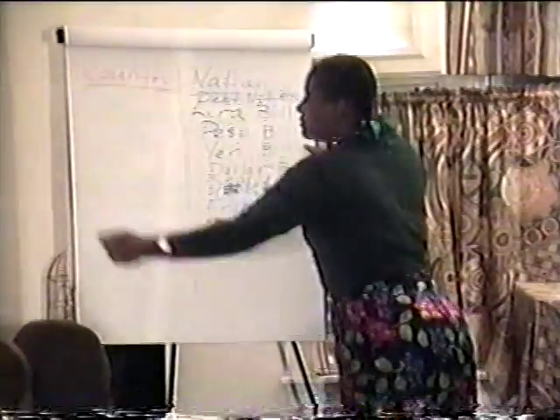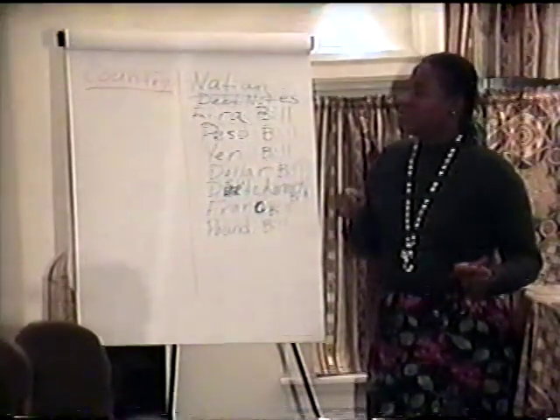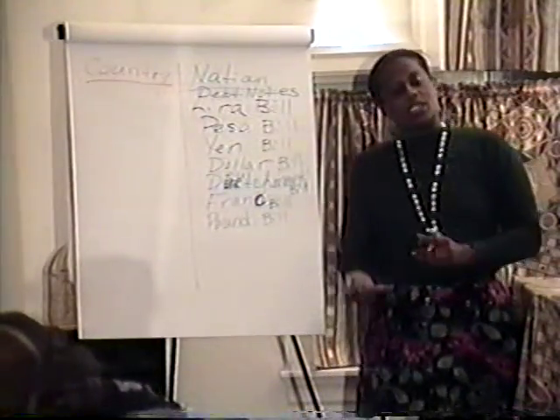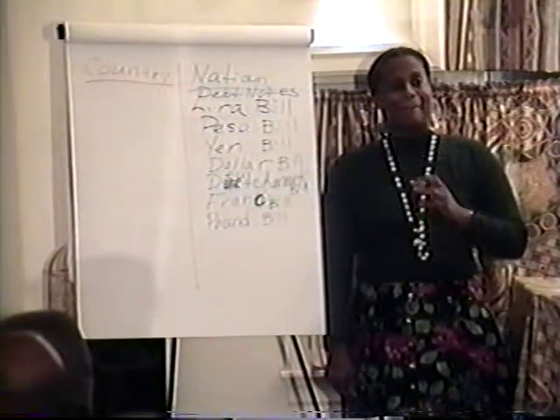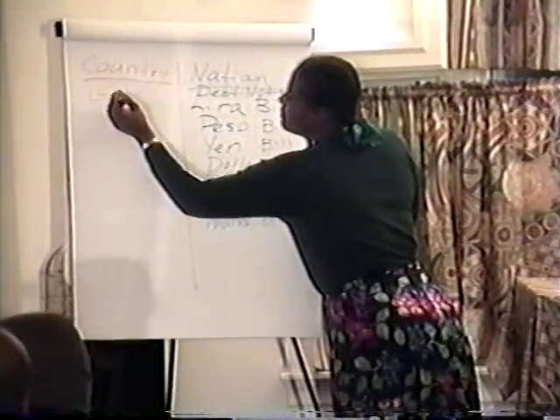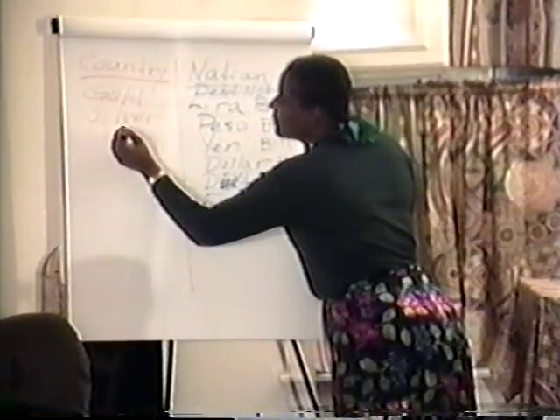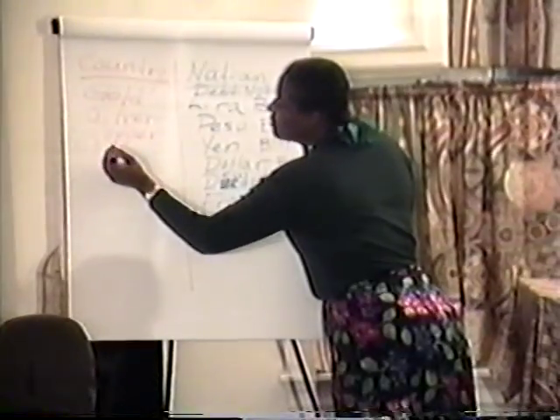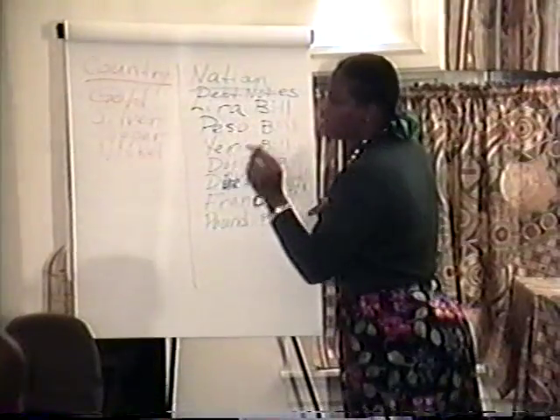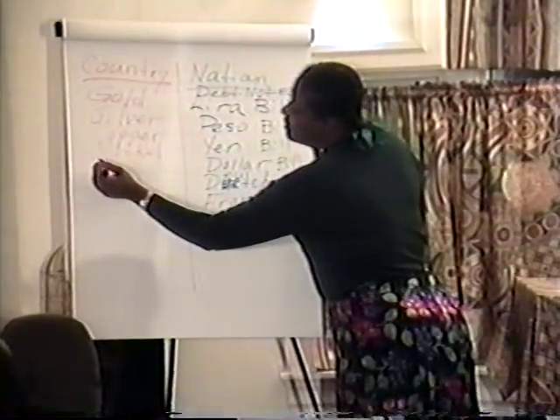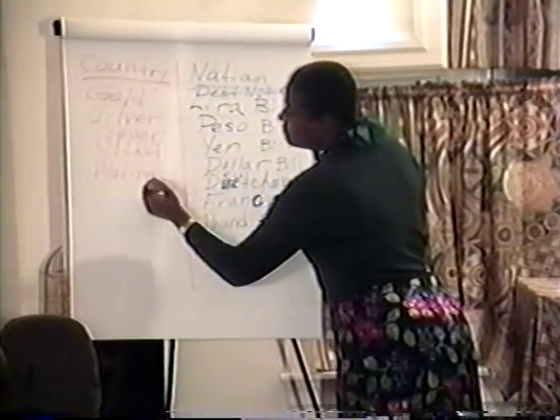What do we have over here? What, the different countries in the world, whatever country it is, how do they trade? Gold, silver, copper, nickel. Gems? Palladium, platinum.